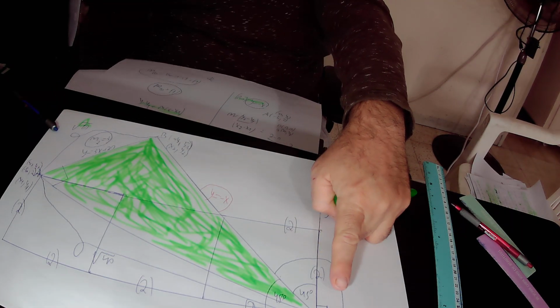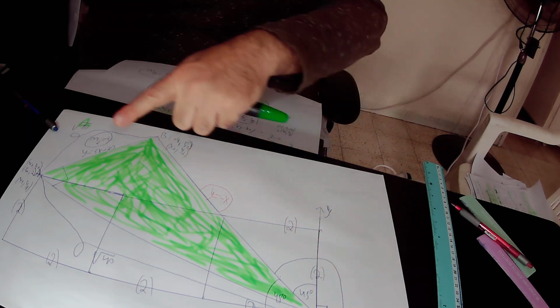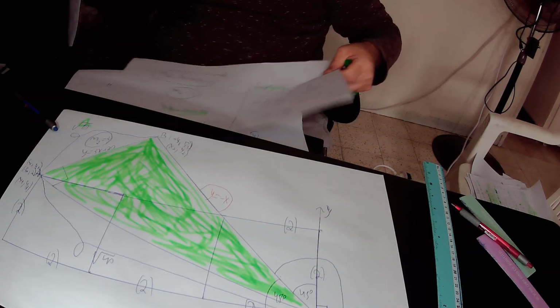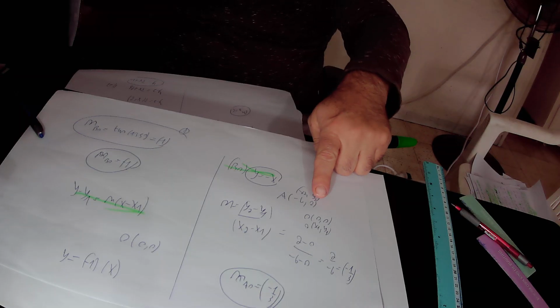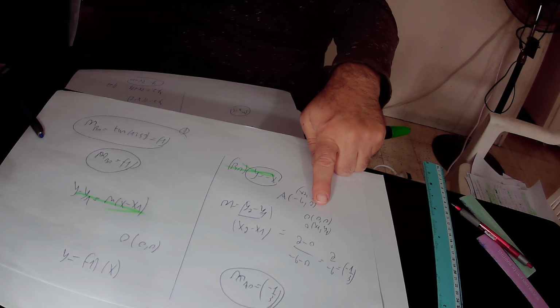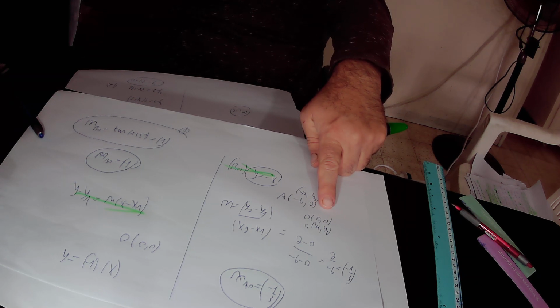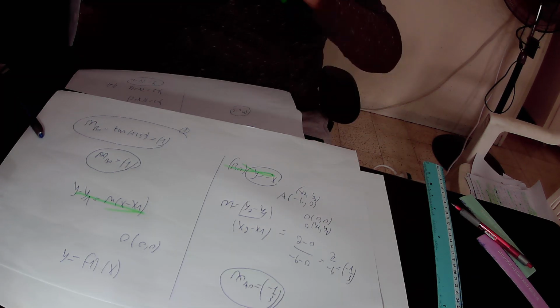point O is also located on this straight line AO. So we define the coordinate x of point O as x1, and the coordinate y of point O as y1. And we know x1 equals 0, y1 equals 0.